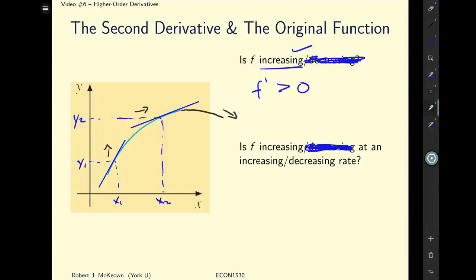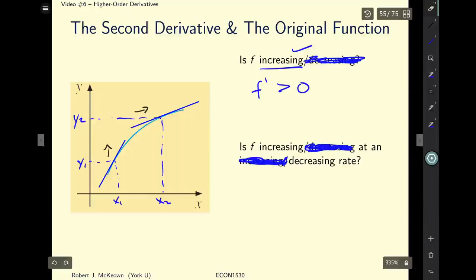So the second derivative is negative. The slope is becoming more and more flat, or more and more negative. And so f is increasing, but it's increasing at a decreasing rate. Let me get rid of that. And so we have f double prime less than 0, and so f is concave.